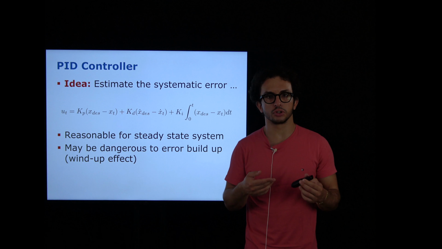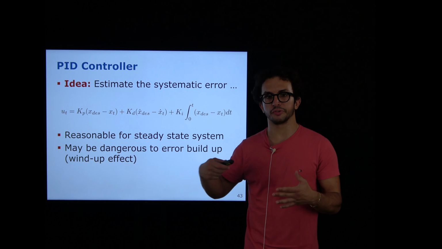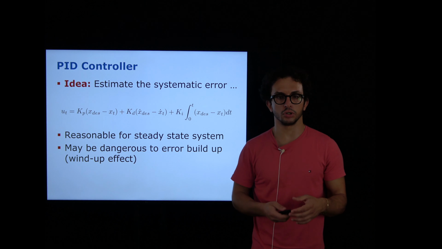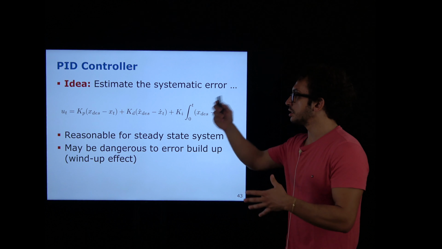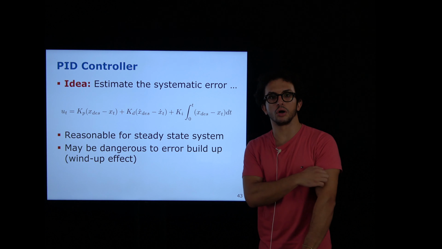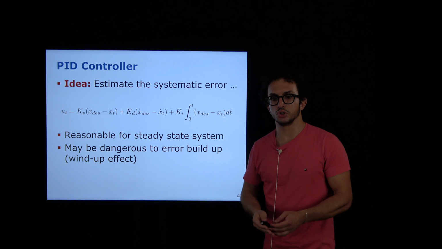You just don't want it to go crazy because of an insane control action being fed to it. So this is an example on parking that we've seen of when one or the other component is useful.